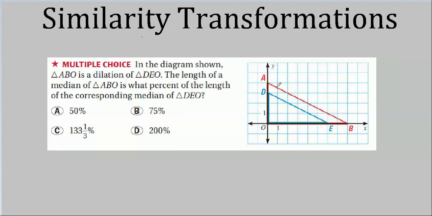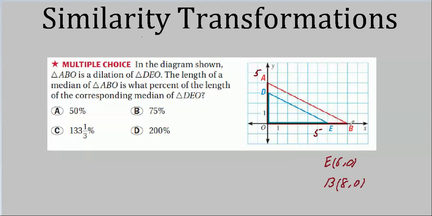What about these two? Well, let's see here. If this is the point 6, 0, let's put it down here. E is 6, 0. And B is 8, 0.